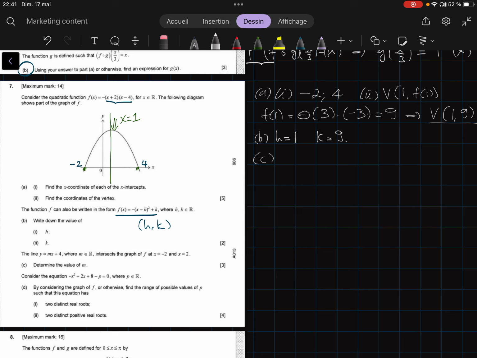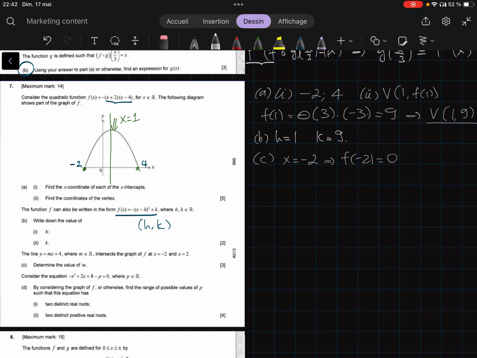Part C. The line y equals mx plus 4 intersects the graph at x equals -2 and x equals 2. Interesting. So, if it intersects the graph at x equals -2, f of -2 is equal to 0.